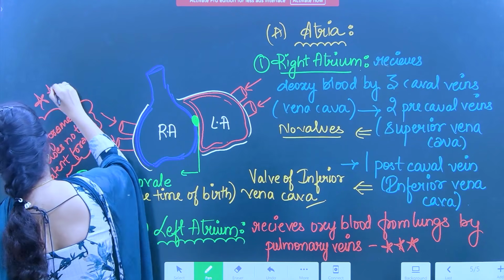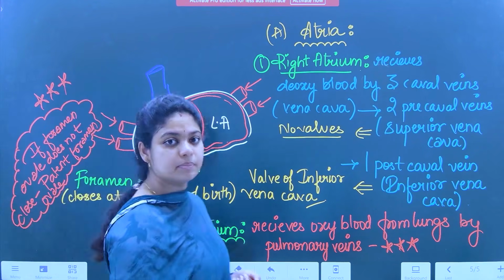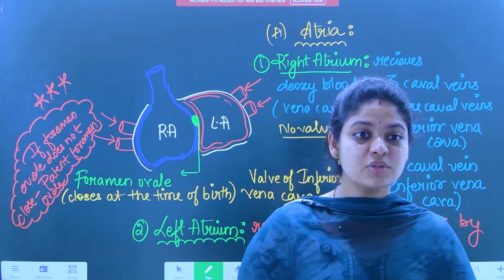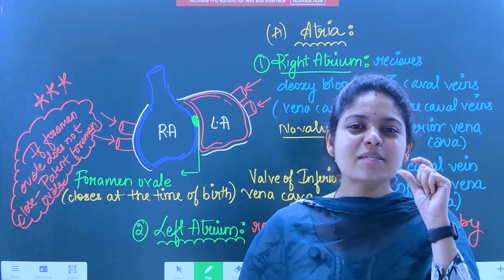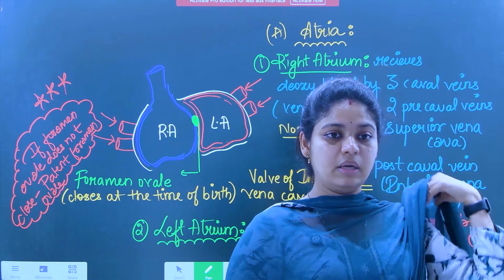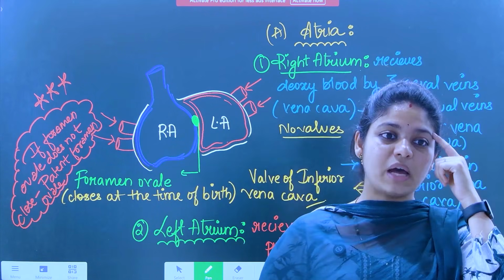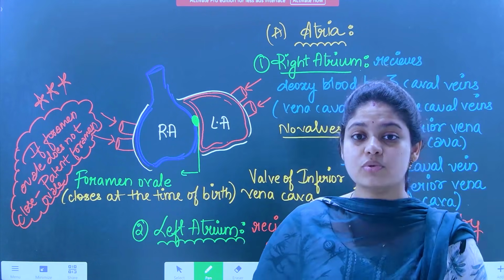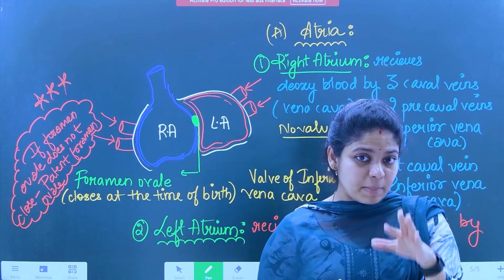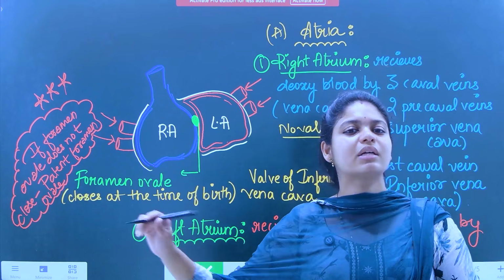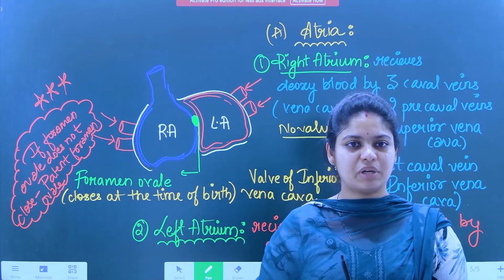This is very, very important. Understood? Fossa ovalis is the position of foramen ovale. If foramen ovale does not get closed, the condition is called patent foramen ovale.